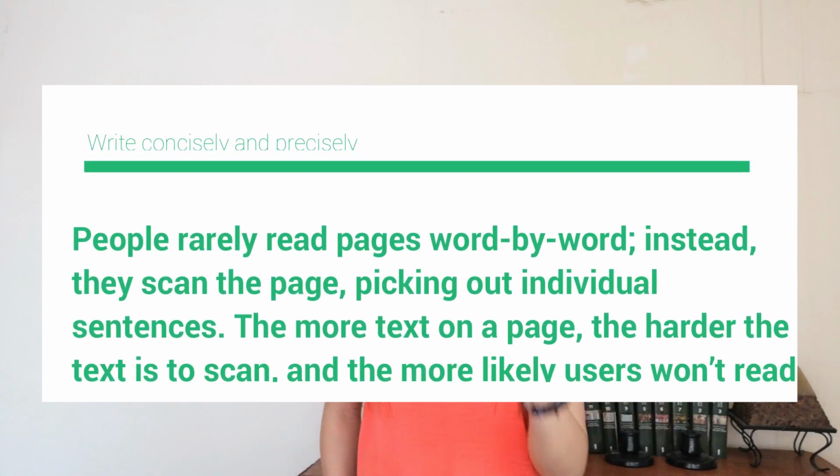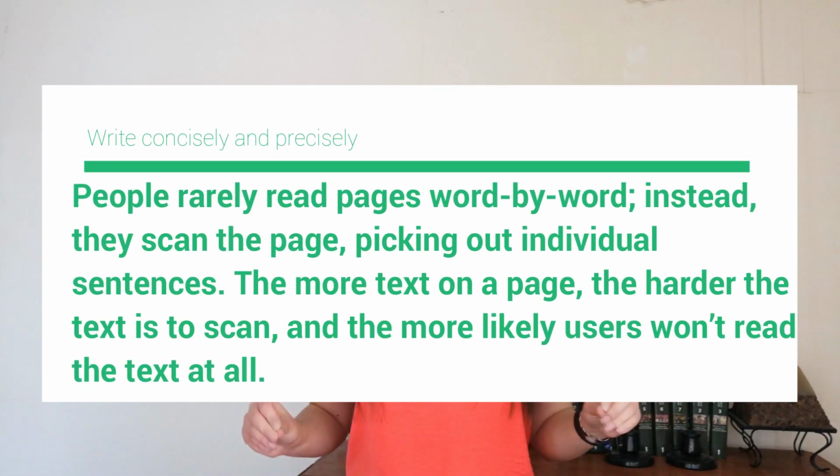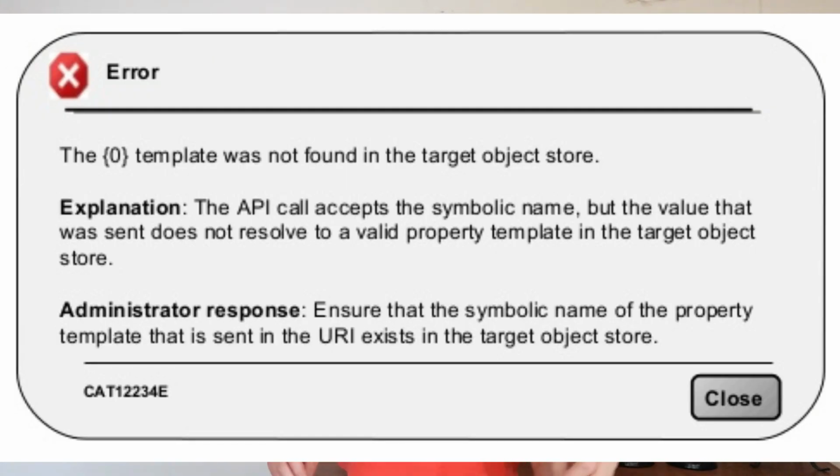Now, the second thing is write consistently but precisely. People rarely read pages word by word. Instead, they scan the page, picking out individual sentences. The more text on a page, the harder the text is to scan, and the more likely users won't read the text at all.